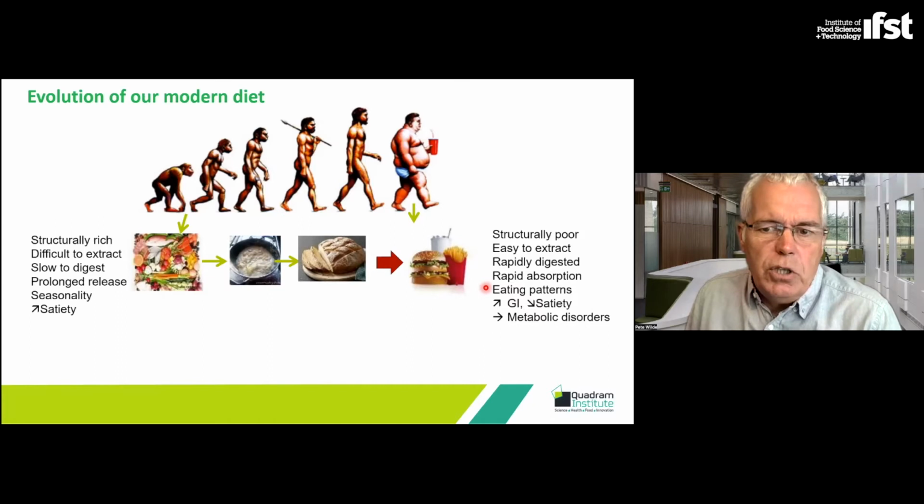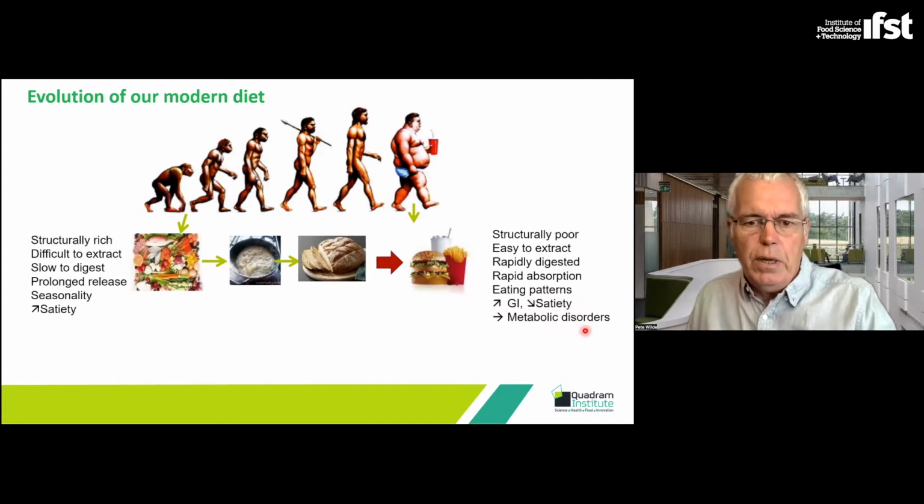Together with changing eating patterns, eating on the go, convenience foods, and so on, it's a high glycaemic index, a poor satiety index, and this has led to the development of metabolic disorders.